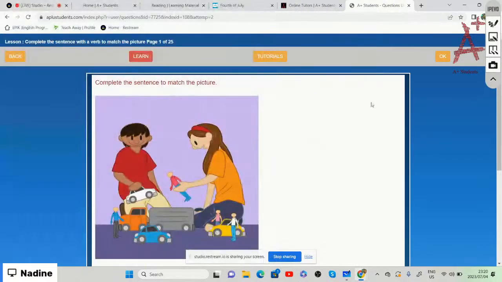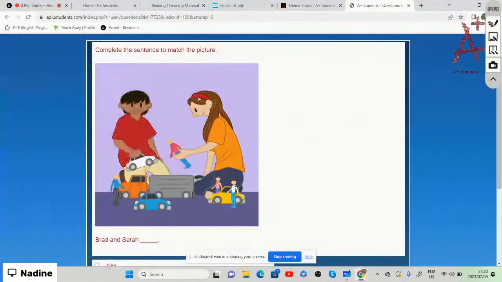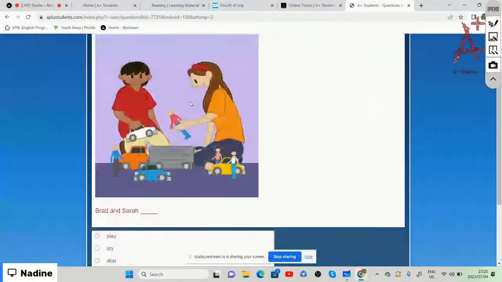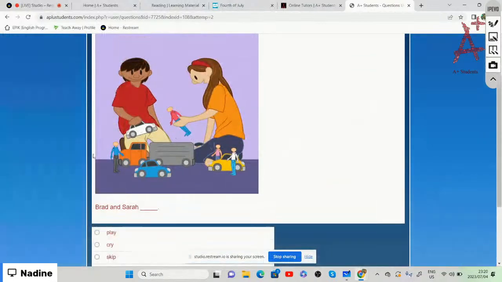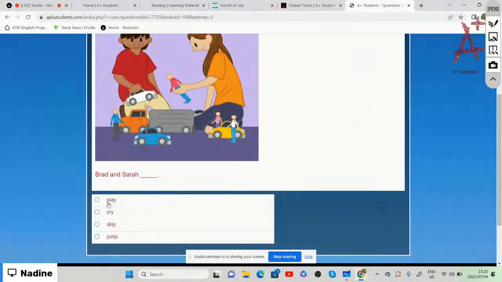All right. So now it says we need to complete the sentence to match the picture, right? Brad and Sarah. By looking at the picture, what are Brad and Sarah doing? Are they play, cry, skip, jump? We need to choose one of these four options that shows what Brad and Sarah are doing.